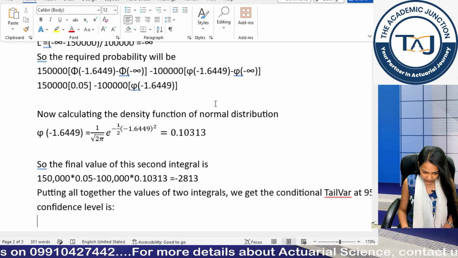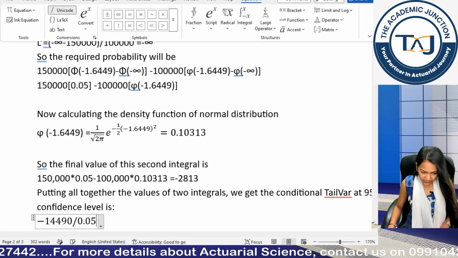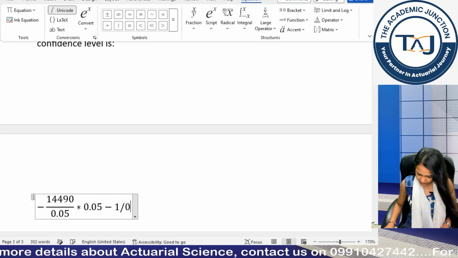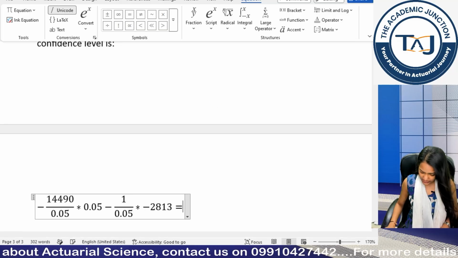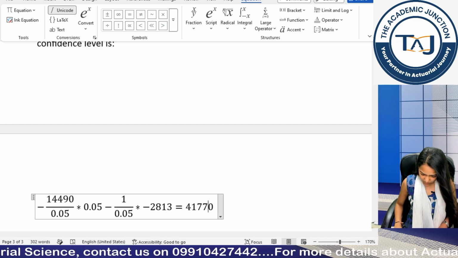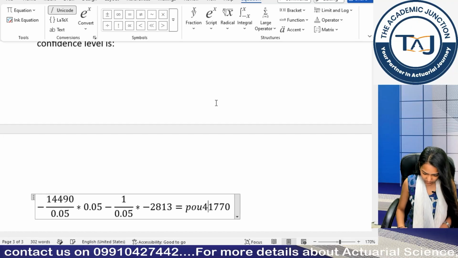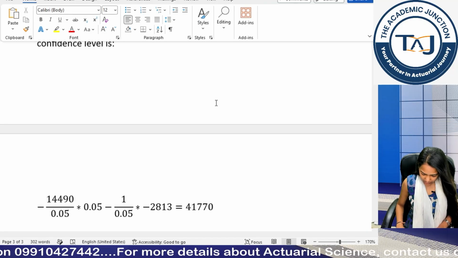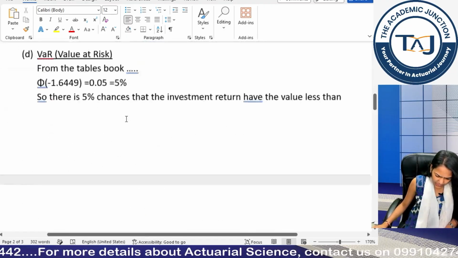So this becomes minus 14490 by 0.05, this was our first integral, multiplied by 0.05, again minus 1 by 0.05, this is minus 2813, and this is equal to pound 41770. So make sure you put in the pound sign. F3 doesn't work in here, so let's just copy paste the pound sign. That's easier than writing this.